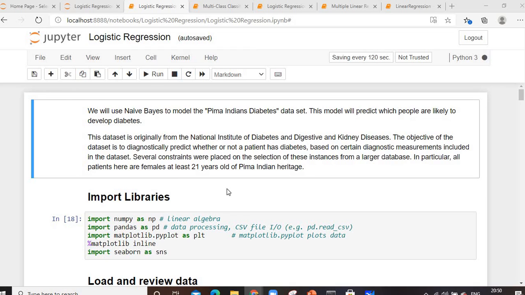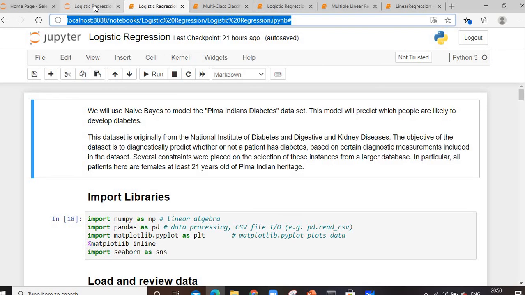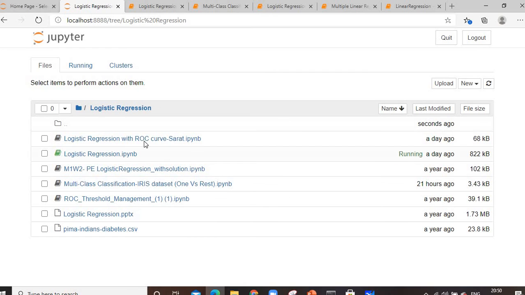Now, this is the Naive Bayes theorem. No, Naive Bayes we have not gone through yet. Another problem is the Naive Bayes theorem. For logistic regression, we have the ROC curve.